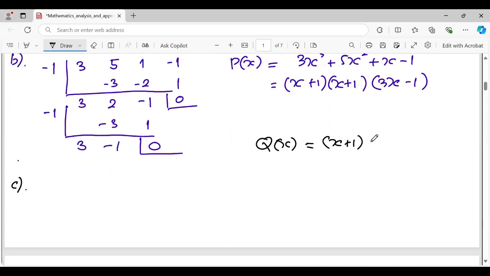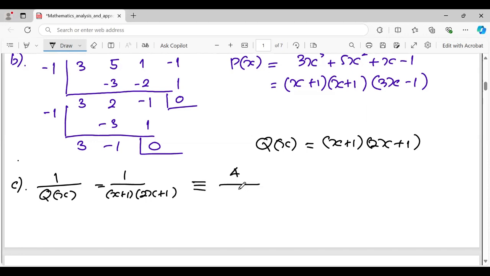So 1 over qx means 1 over x plus 1 times 2x plus 1. Okay.